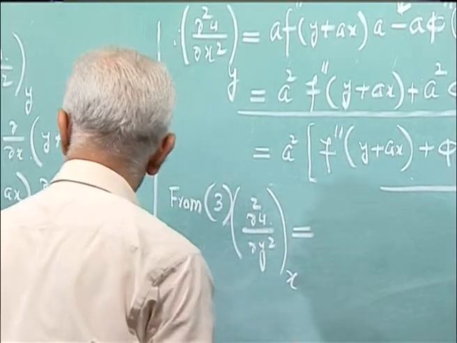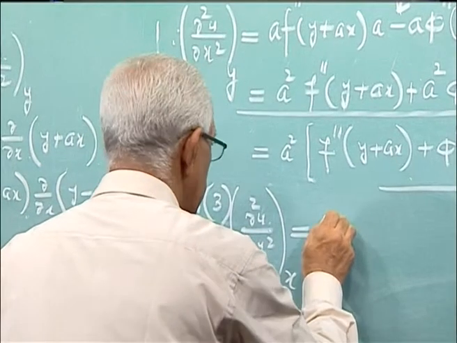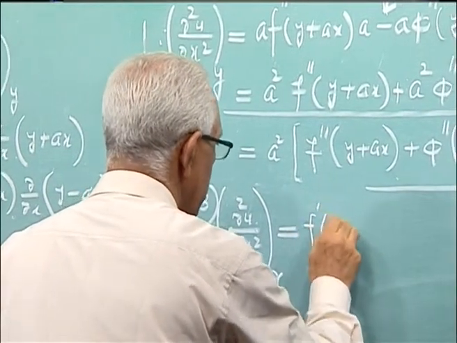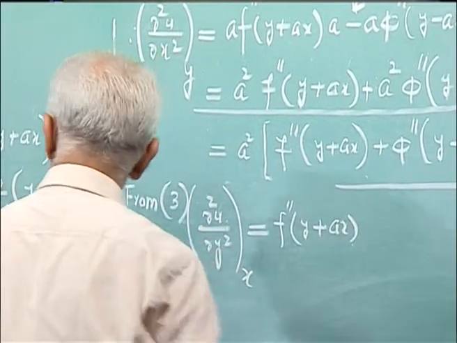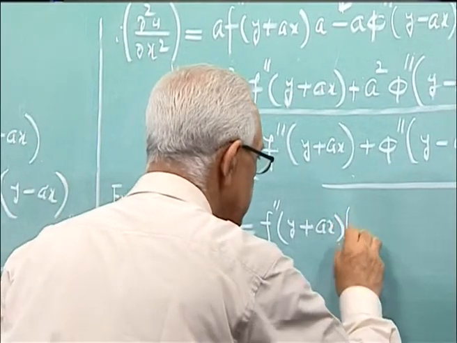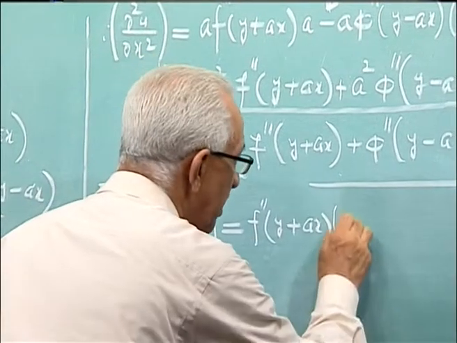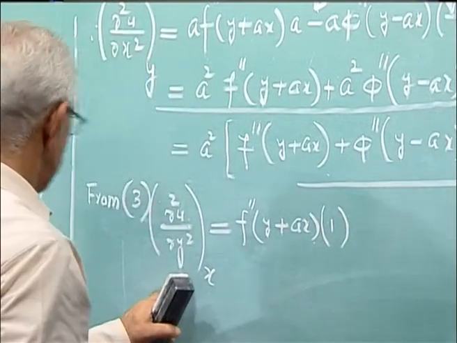This is equal to, I will be having f dash y plus ax, rather it will become double prime, and since we are doing with respect to y, once again we will have 1.